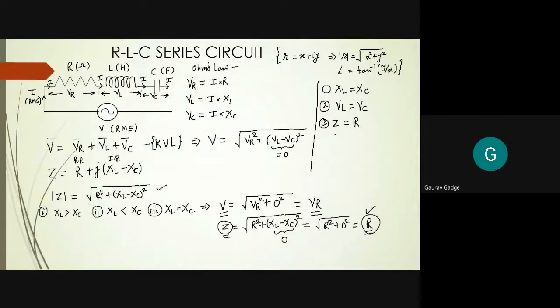Under resonance condition, how is the circuit acting? Is it an inductive circuit, capacitive circuit or resistive circuit? Resistive circuit. Why resistive circuit? Because impedance is equal to resistance. XL equal to XC. Okay. Now, if it is so, then can we say V is equal to VR?